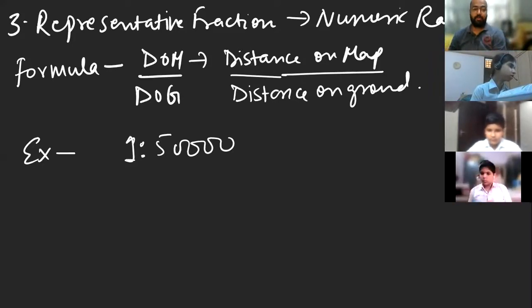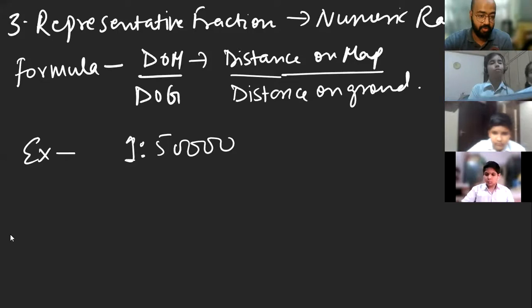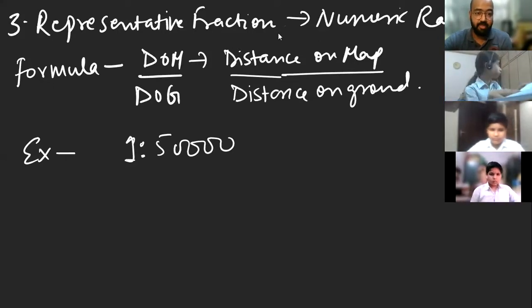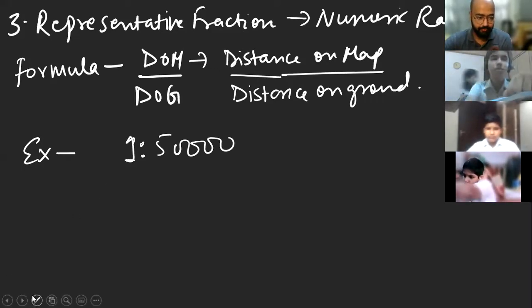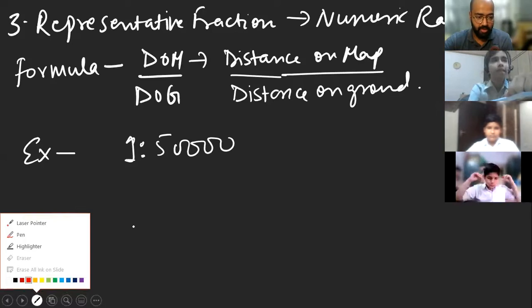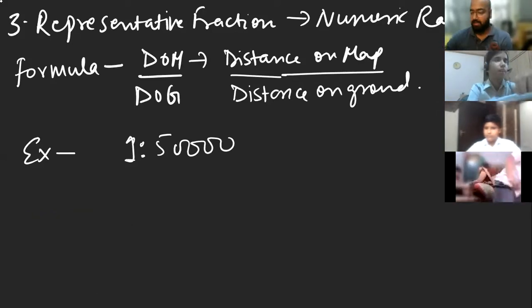Now, if you remember, I have explained this chapter's representative fraction. It is actually the numerical ratio of the distance on the map and the actual distance on the ground. I had told you that generally the bigger units in actual distance are represented as smaller units on a map.